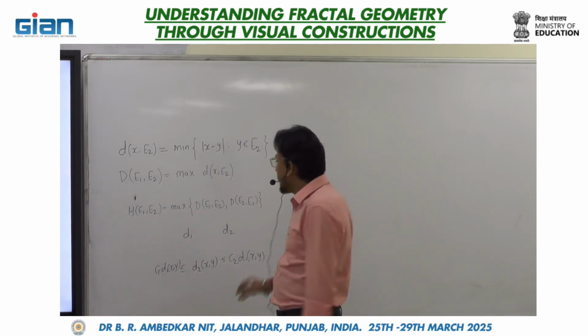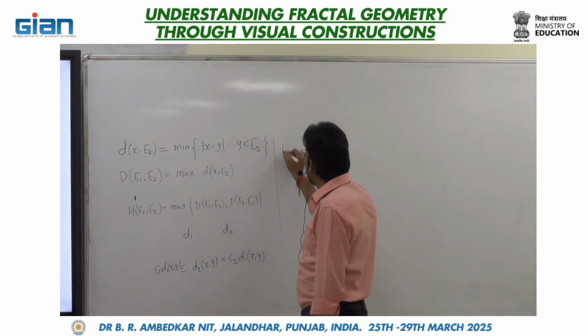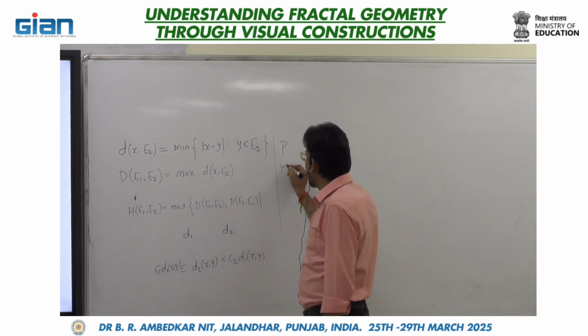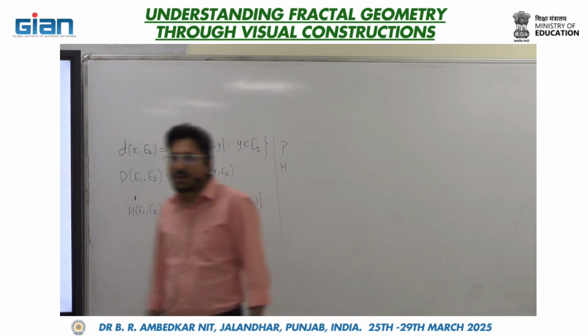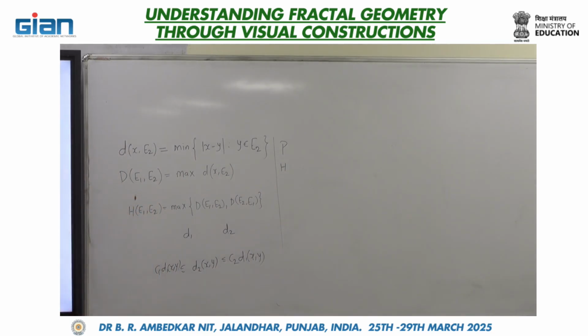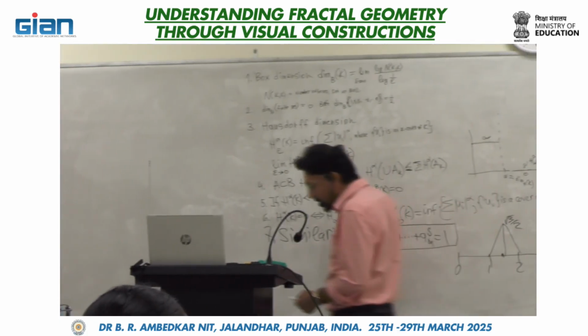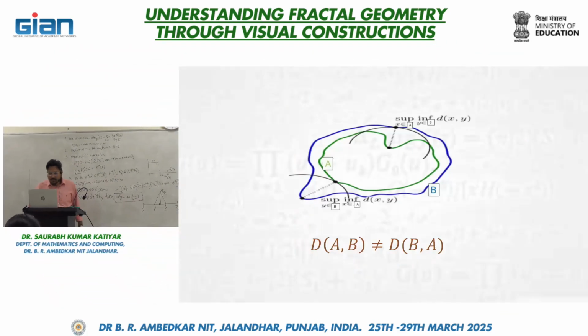Clear? So now you have one Pompeiu metric and you have one Hausdorff metric, and you are saying that both are equivalent. Then we have to see whether there are some constants C1 and C2 existing there or not. So here you see how you will calculate D of AB and D of BA.